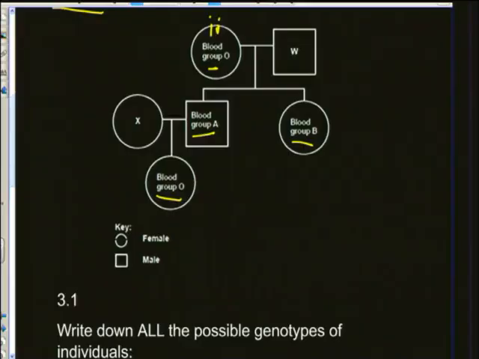I think it will be blood group O. And what is the genotype for blood group O? How do we write the genotype, if we're working out the problem? It's recessive, so therefore it will be two small i.